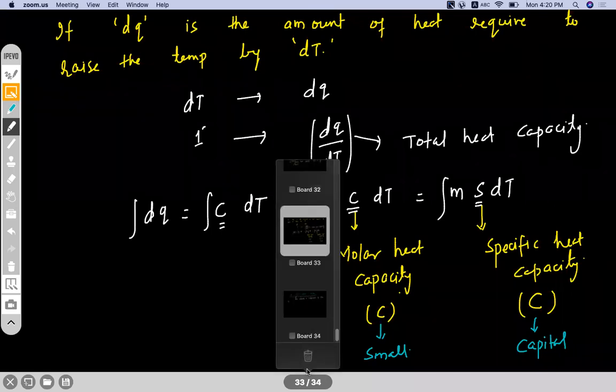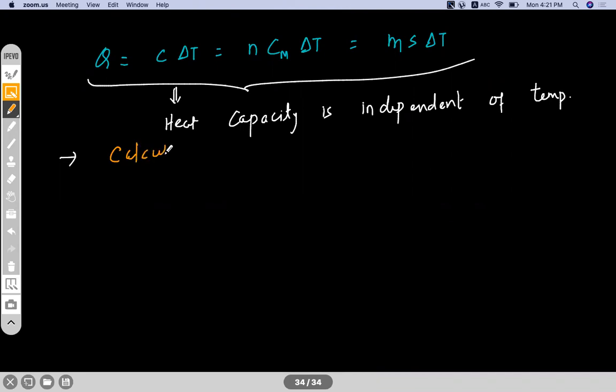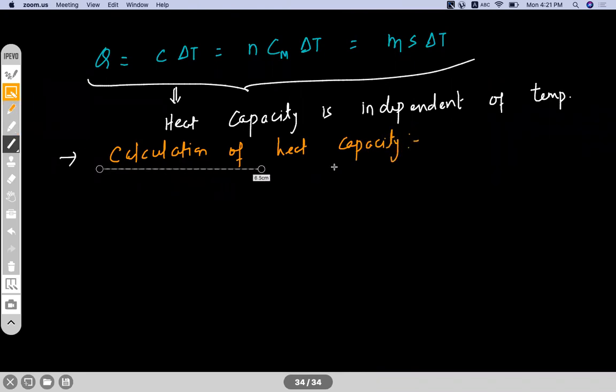Okay. Now we'll do the calculation of heat capacity based on the process. So heading, you write down all of you. Calculation of heat capacity.